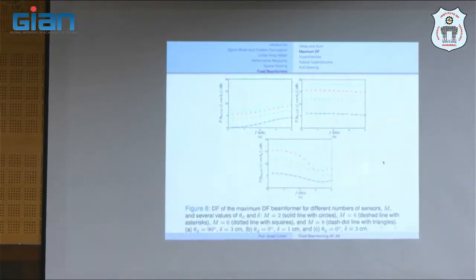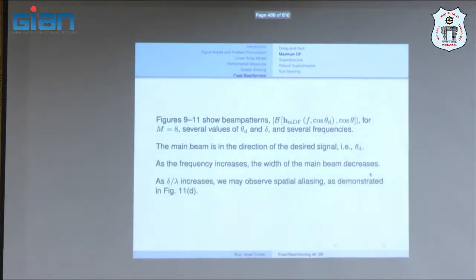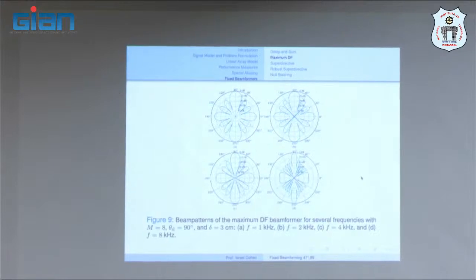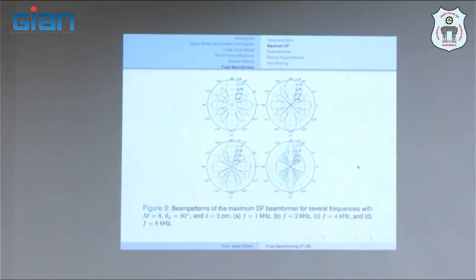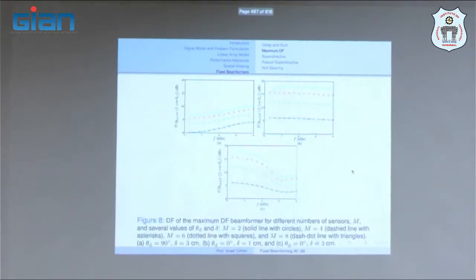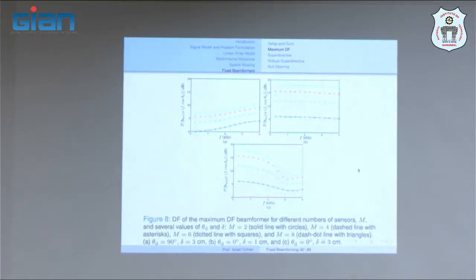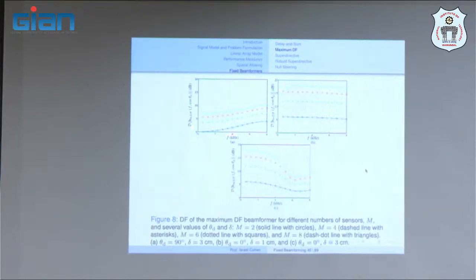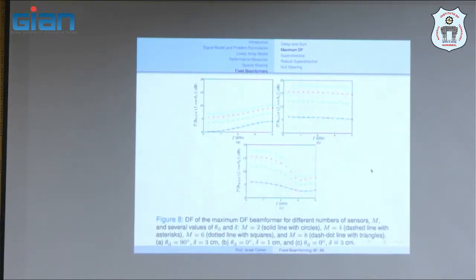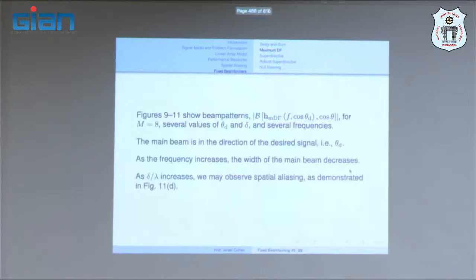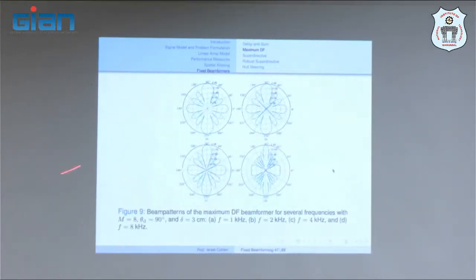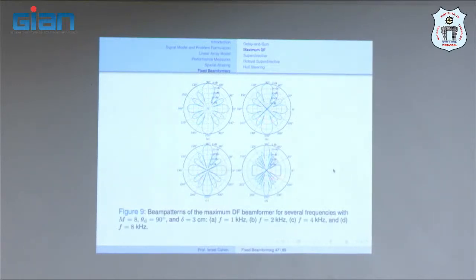But before that, I just want to show with this example the beam patterns. So you see, this is for the first scenario. In the first scenario, we have increasing directivity factor as the frequency increases, for these two scenarios, but not for the third scenario. So in the first scenario, we see the frequencies 1 kilohertz, 2 kilohertz, 3, 4, 8 kilohertz.